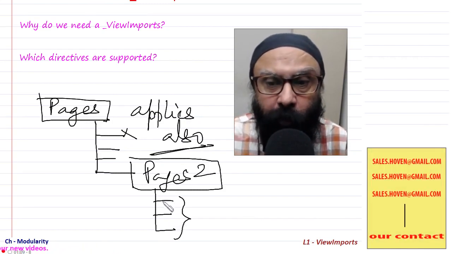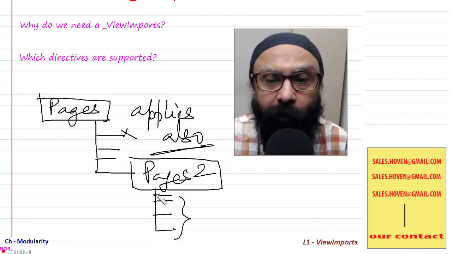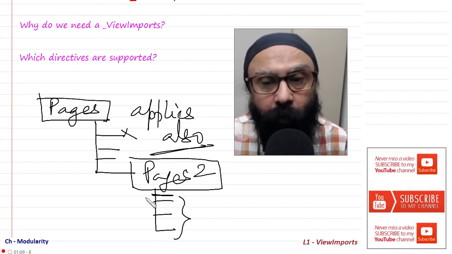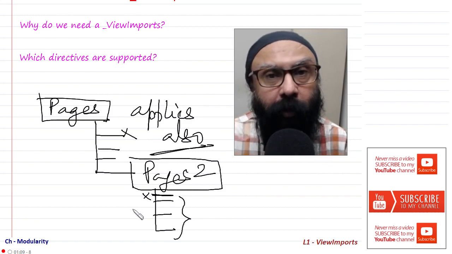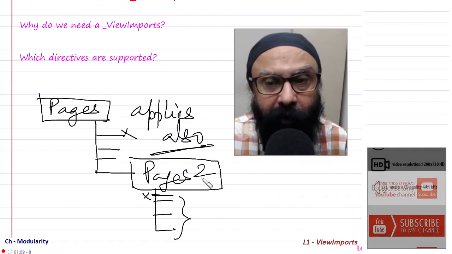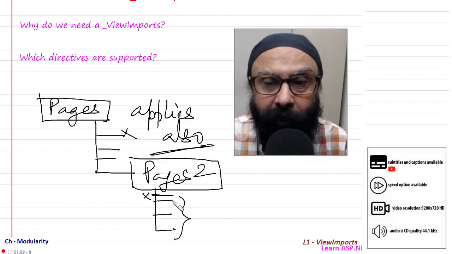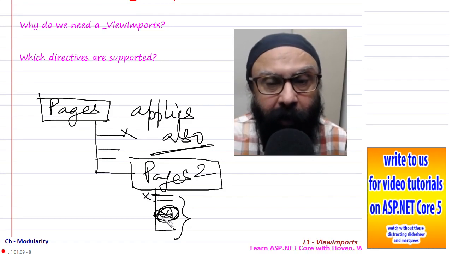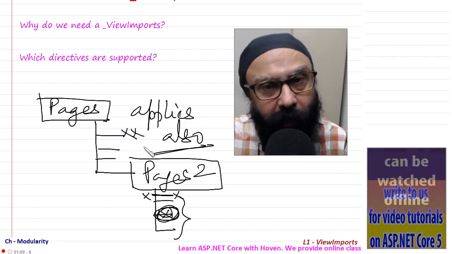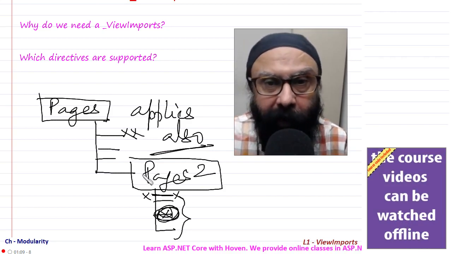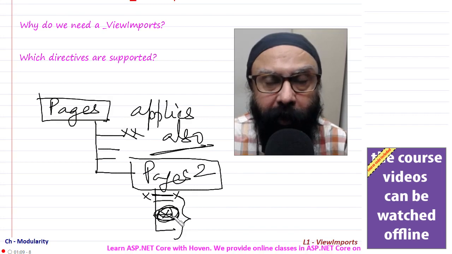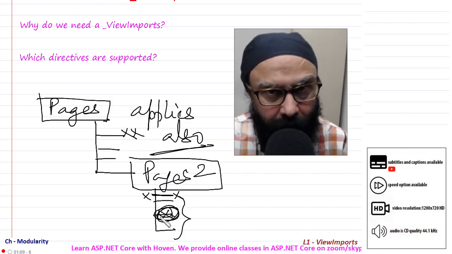And let us suppose these three files have a ViewImports of their own also. So this is a second ViewImports file placed inside the pages2 folder. Then the effect on these files will be the cumulative effect of this ViewImports and of this one also. The combined effect will take place on a file placed in the subfolders.